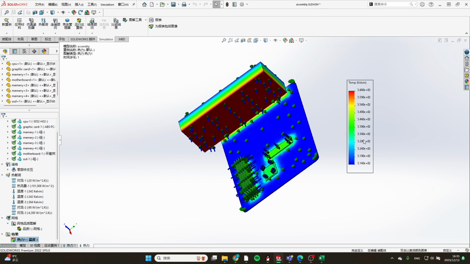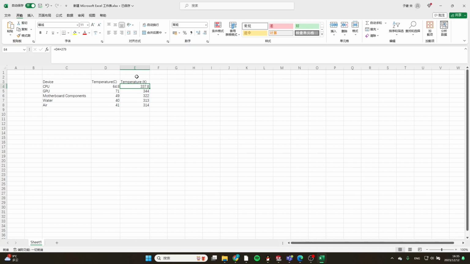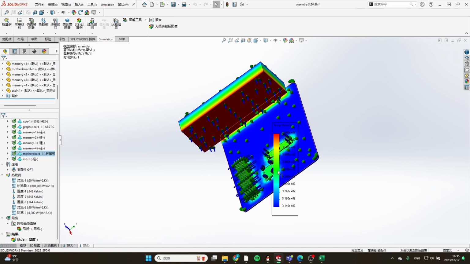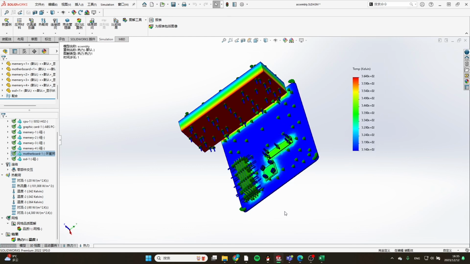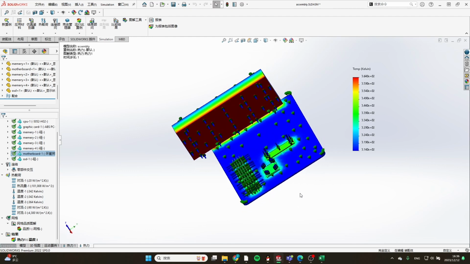It's between 4 and 9, 5 and 6. Still close to this value. It's close to 9, but actually it doesn't have too many changes. So the outcome is that the impact from the other components on the surface temperature of the CPU can be neglected.